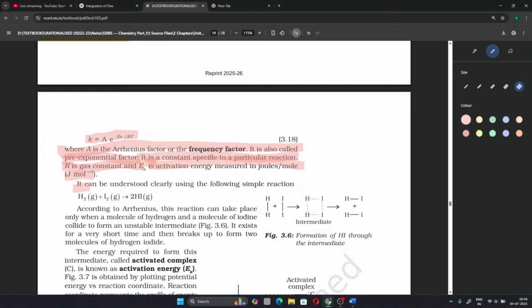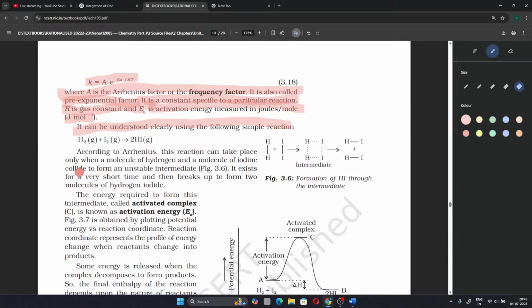It can be measured clearly using the following simple reaction. This is the formation of HI through the intermediate, where H and H will react, with bond formation here and here, and bond breaking here and here. It will give HI and HI.